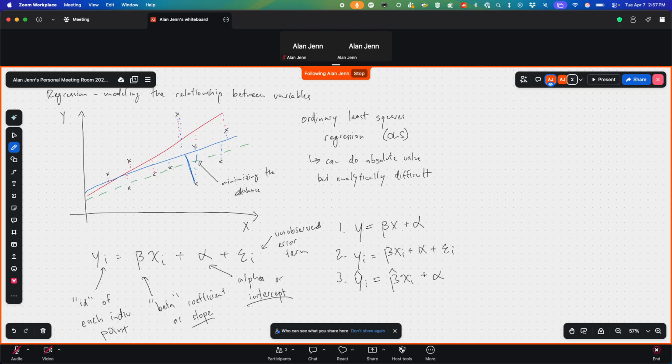This is something that you will never truly know, not with 100% certainty based on calibrating to data. The idea here is that we want our estimation of the parameters, so beta, to be as close as possible to this true equation relationship.